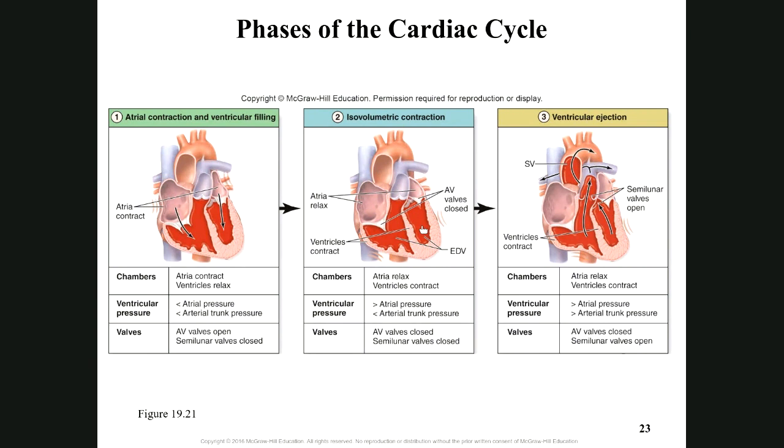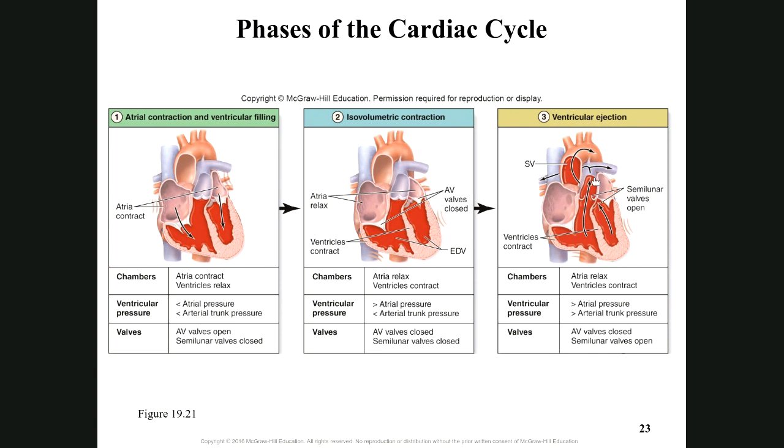After that, the pressure in our ventricles goes up. It's more than atrial pressure, and also it's more than the aorta and pulmonary trunk. This pressure can open the semilunar valve, and the blood is ejected to the pulmonary trunk and aorta.